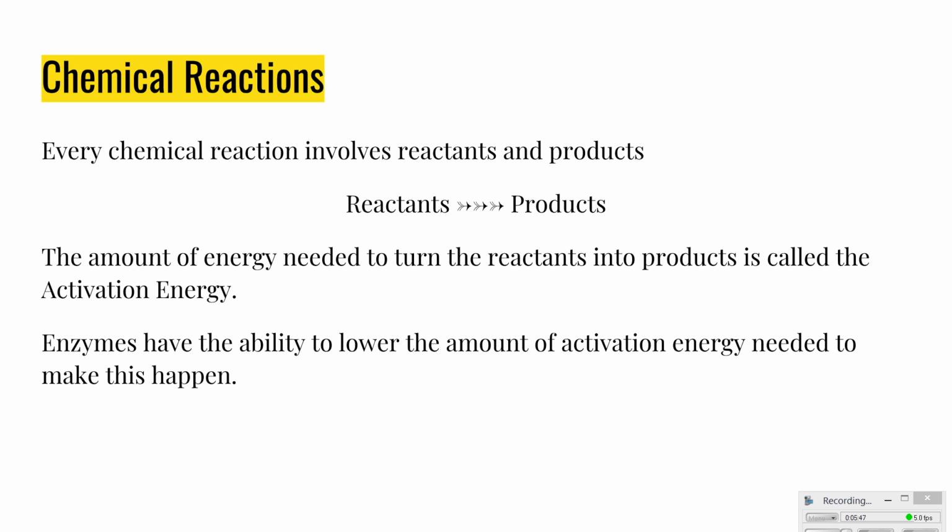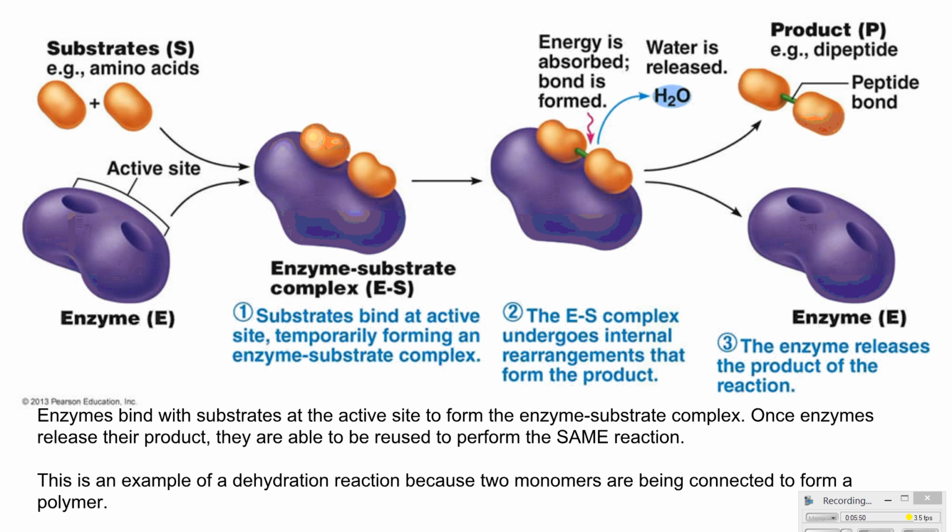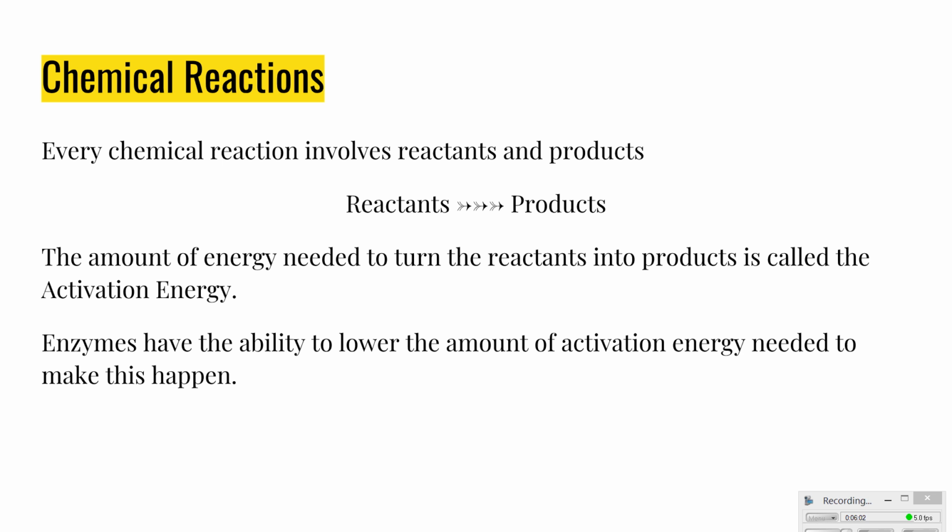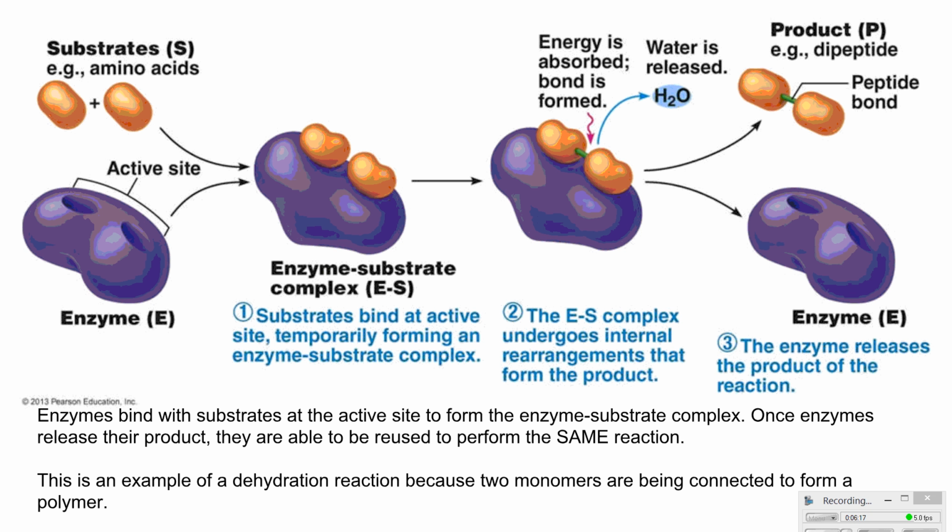This can either be in the form of a condensation reaction, where two small things are being connected together to make one big thing, or it can be the reverse, where one big thing is being broken down into two small things. Whatever it is, a chemical reaction is going to involve taking a reactant and turning it into products. And essentially, energy is going to be needed to get that done. If you were to look back at this example here, pretend that the purple enzyme is not there.